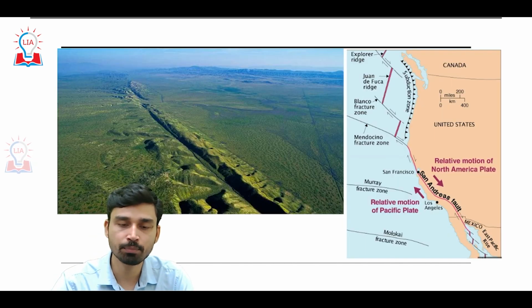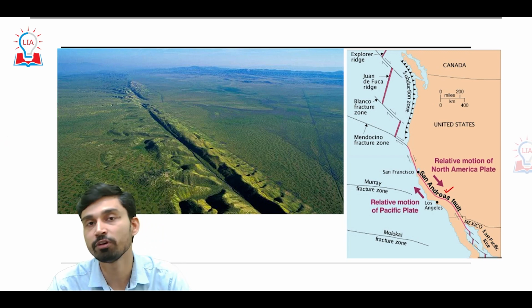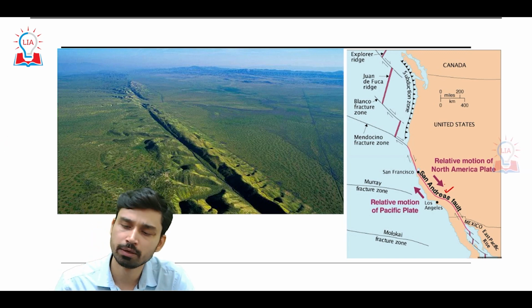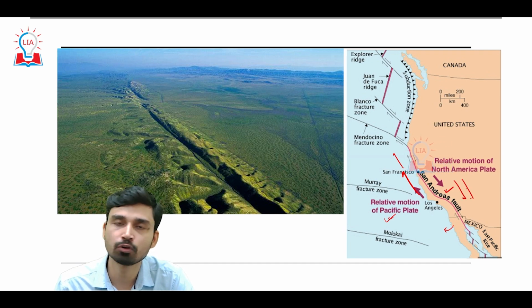And the most common example of this we see along the San Andreas Fault region in the western coast of United States of America, where on one side you have the California plate, which is part of the Pacific plate, moving in the northward direction. And on the other hand, you have the continental plate of North America that is moving in the southward direction.